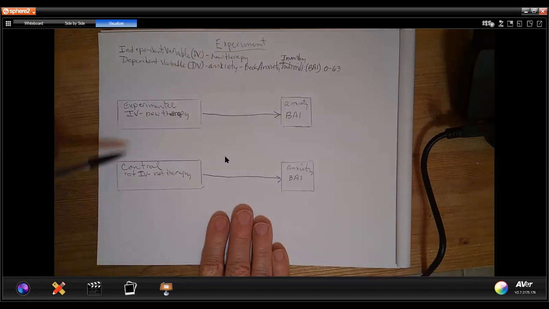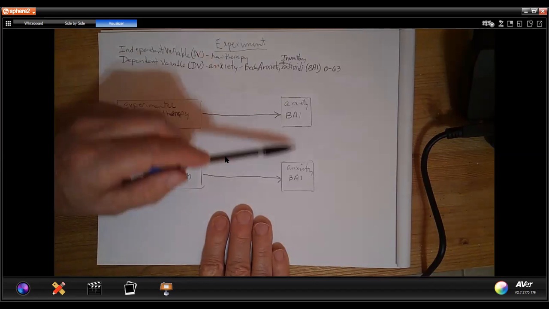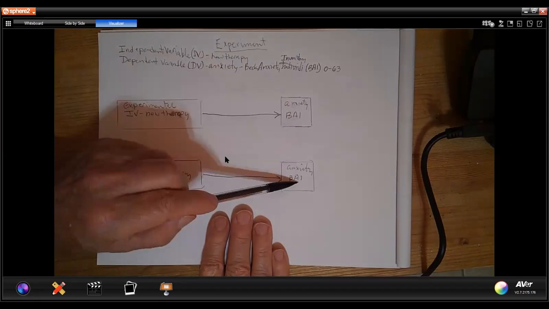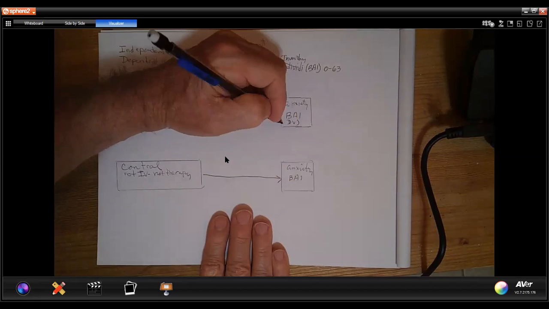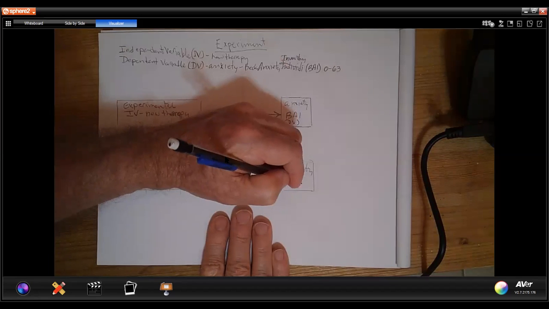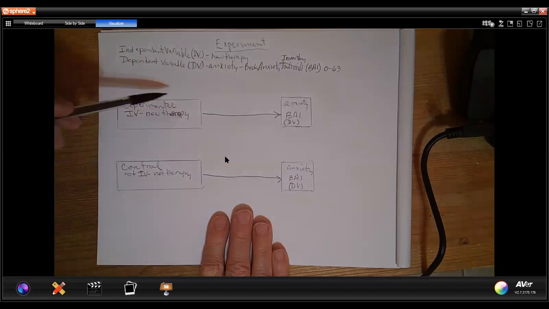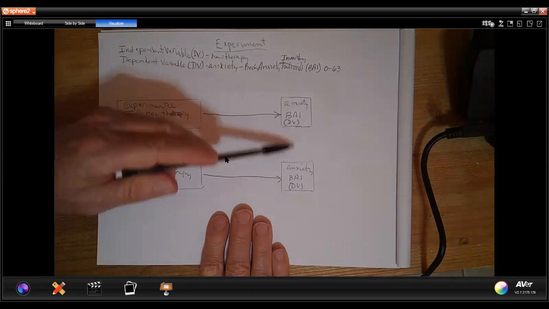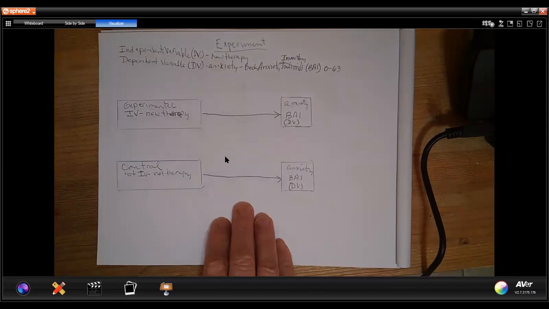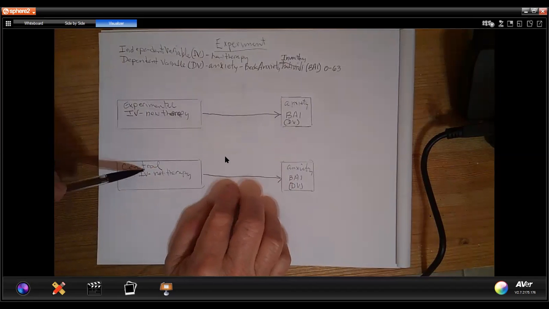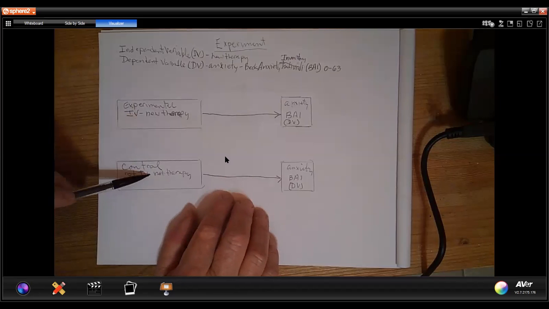Well, what if the cause of differences in anxiety in the end, by the way, this is the dependent variable, right? Dependent variable, anxiety. What if the differences in the dependent variable here are due to differences amongst people in these groups? Oh, well, we have to have two groups that are basically the same in every way.